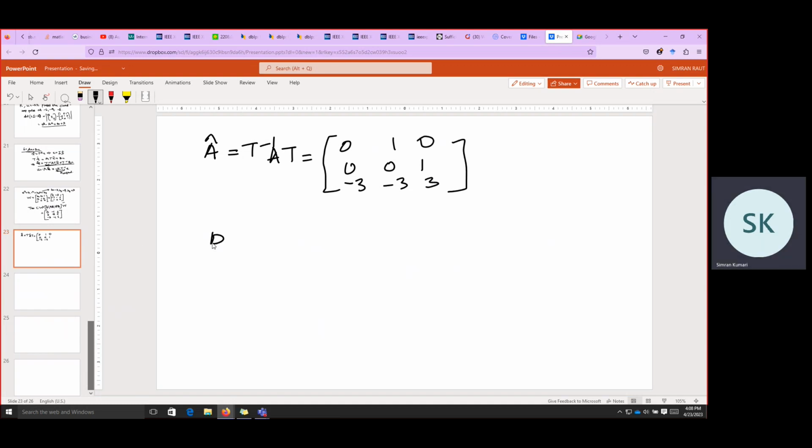Similarly for B cap, which is T inverse B, we get 0, 0, 1. So this is in controllable canonical form.